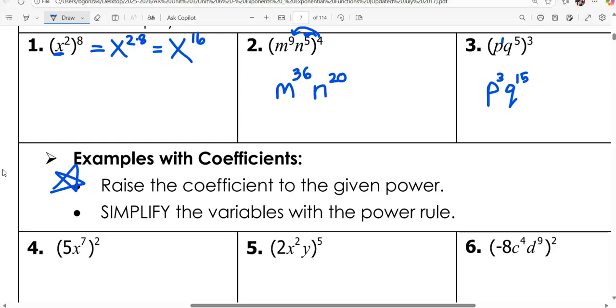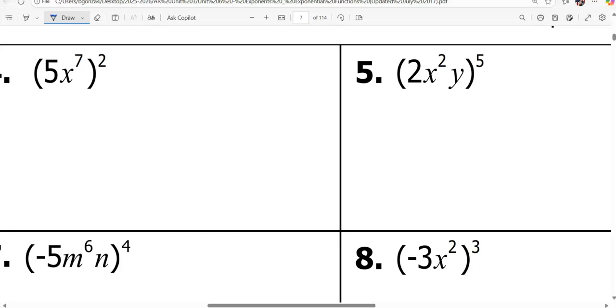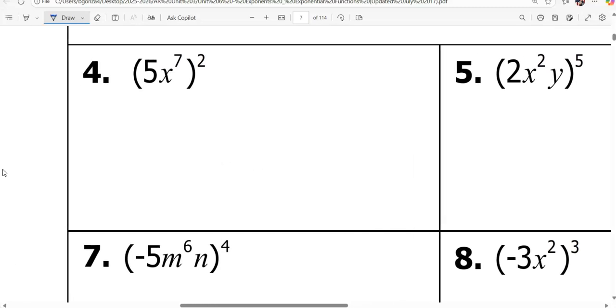Raise the coefficient to the given power. Watch this. When there's a number out front, inside the parentheses, and you have that squared there, the 2 is going to multiply with the 7. We knew that already. What about the 2 and the 5?